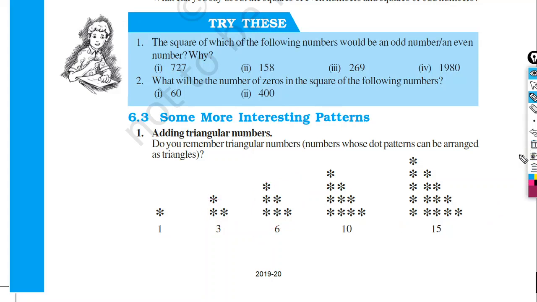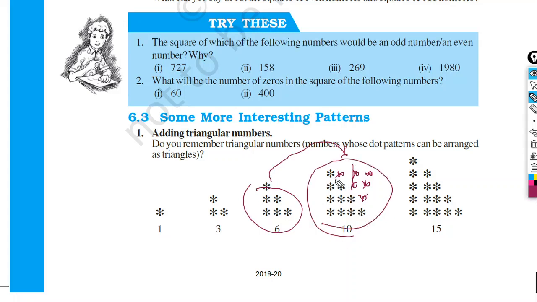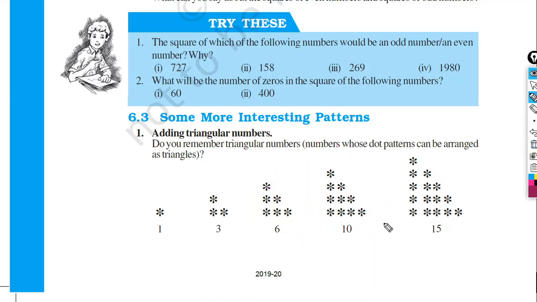Now again, if you put this 6 here, it will be like this. 1, 2, 3, 4, 5, 6. This 6 has been placed here. Now you see a square is being formed, isn't it? So whenever we add two consecutive triangular numbers, we find a square number. Okay, so this is the first pattern.